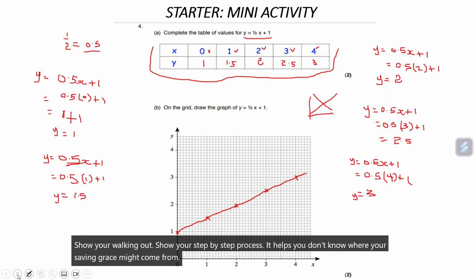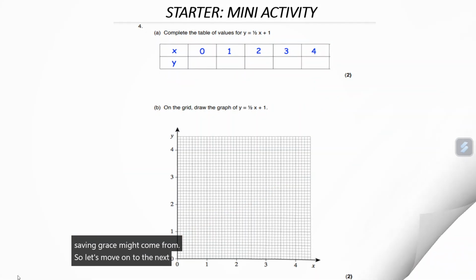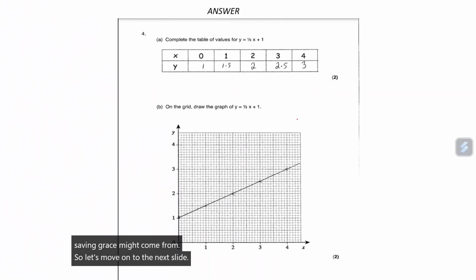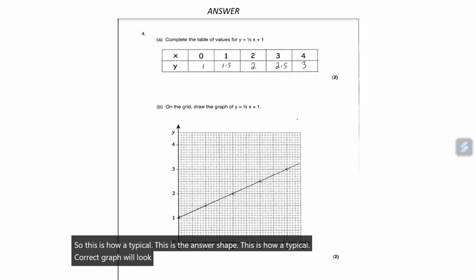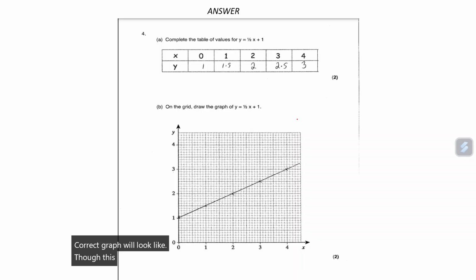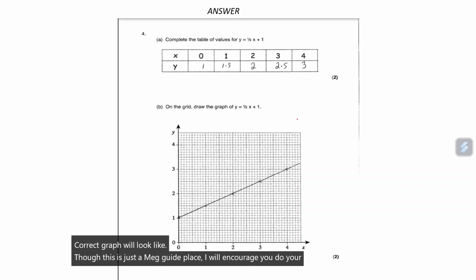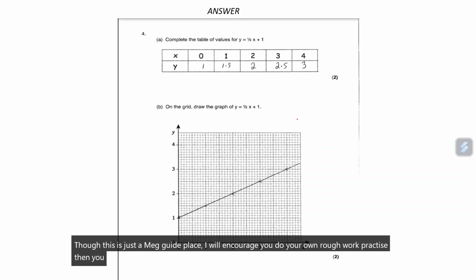So let's move on to the next slide. This is the answer sheet. This is how a typical correct graph will look. Though this is just a guide, I encourage you to do your own rough work and practice, then you can refer back to the answer as a guide.